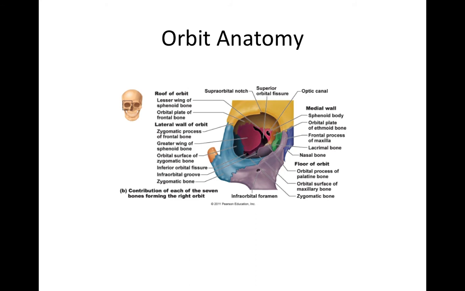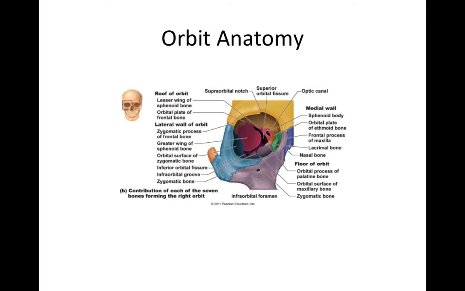It's also important for us to know a few of the foramen that are within the orbit, because we have several important structures that pass through these. The optic canal is going to transmit the optic nerve and the ophthalmic artery. The optic canal is located right here. The superior orbital fissure, which is this larger hole here, conveys other nerves and vessels which supply the orbital content and the face.